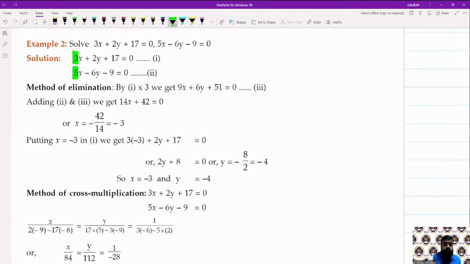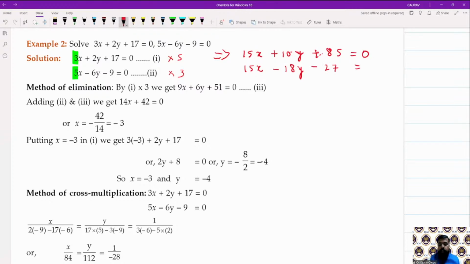So x has the coefficient 3 and the other one has 5. So in order to make them the same, what we have to do is multiply the first equation by 5 and the second equation by 3. So after multiplying by 5, we get 15x plus 10y plus 85 is equal to 0. Then the second equation will be 15x minus 18y minus 27 is equal to 0.